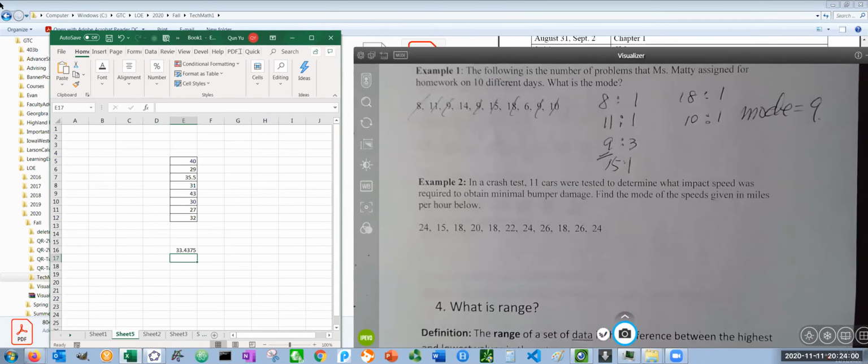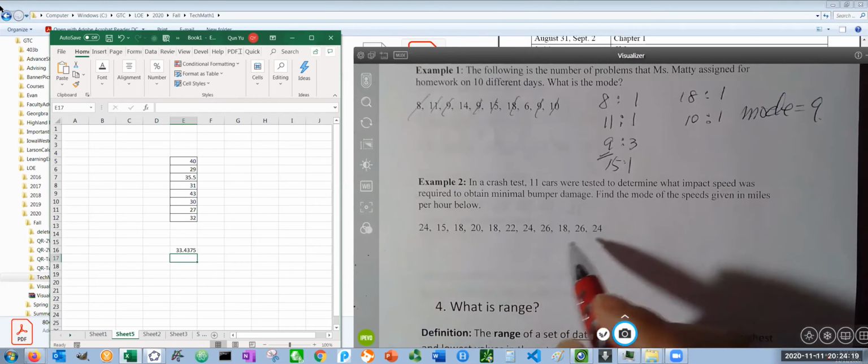In the crash test, 11 cars were tested to determine what impact speed was required to obtain minimum bumper damage. Find the mode of the speeds given in miles per hour below. So all these numbers represent miles per hour speeds.